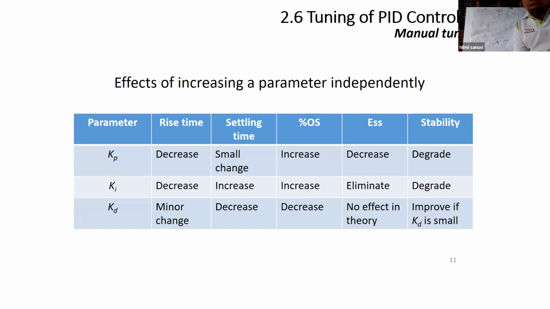So as we increase KP, you have to remember that the stability degrades. Maksudnya dia start to oscillate, and then most of the time bila you increase very heavy gain, dia akan unstable.